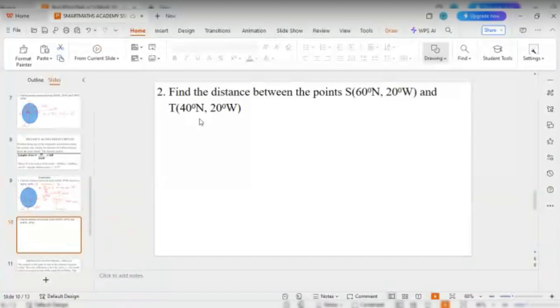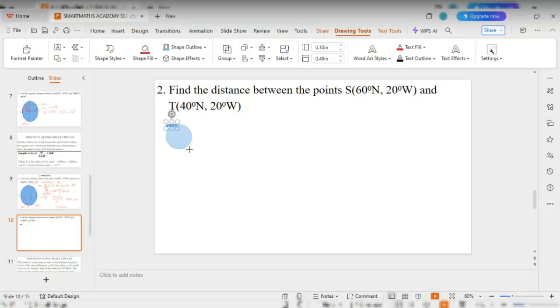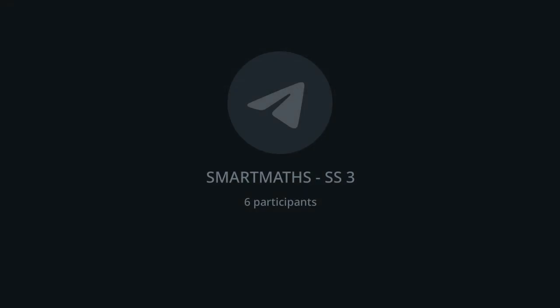Okay, now question number 2. Let me insert the circle, the square. So I want the circle. Then I want to pick a line as well.